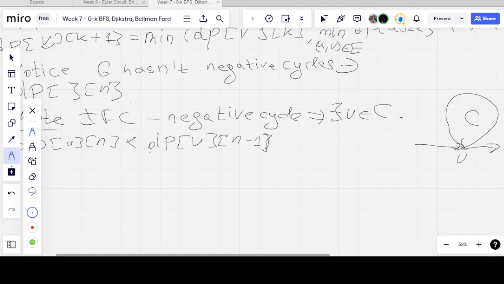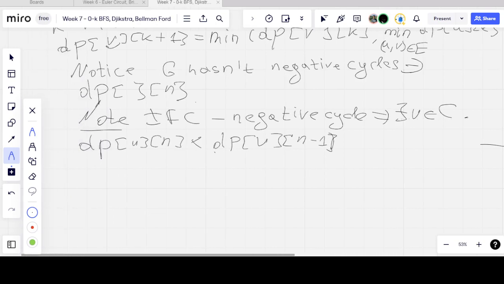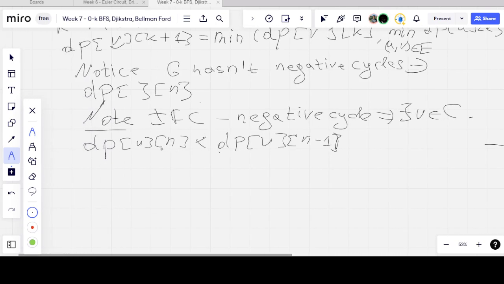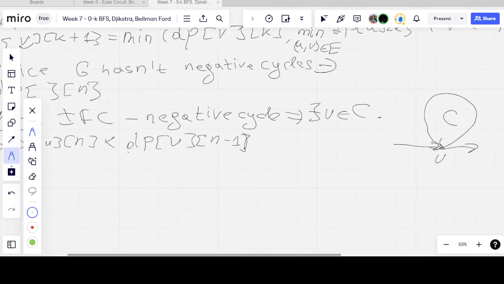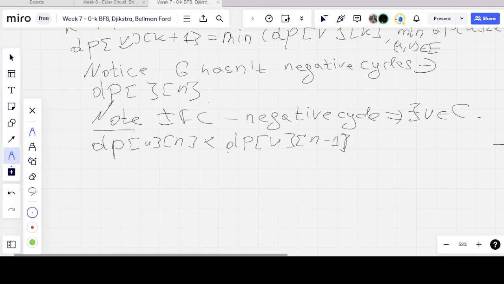If we consider a walk with n edges, it contains a cycle, and it is a negative cycle.